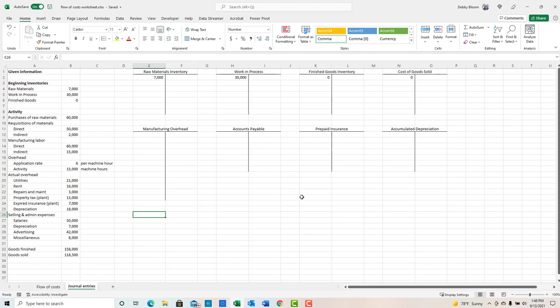So for our purchases of raw materials, we're going to debit our raw materials inventory and we're going to credit accounts payable.